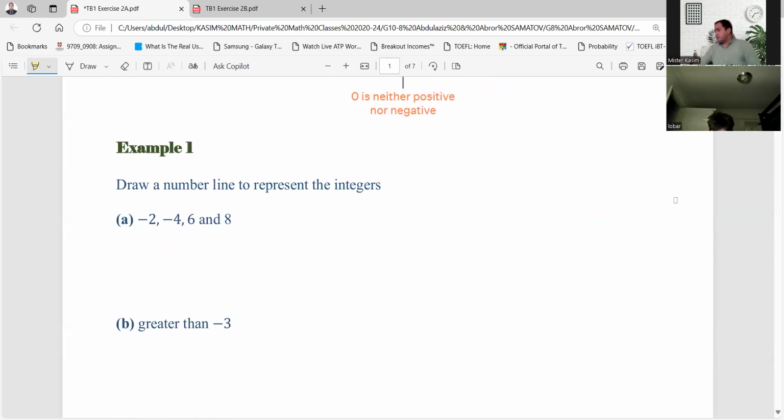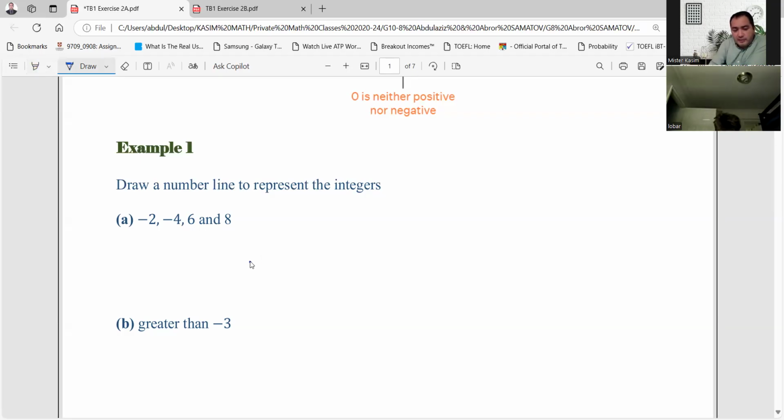So read the first question. Draw a number line to represent the integers. So they're asking that we need to draw a number line. Suppose that is our number line. Okay, I don't have 0.